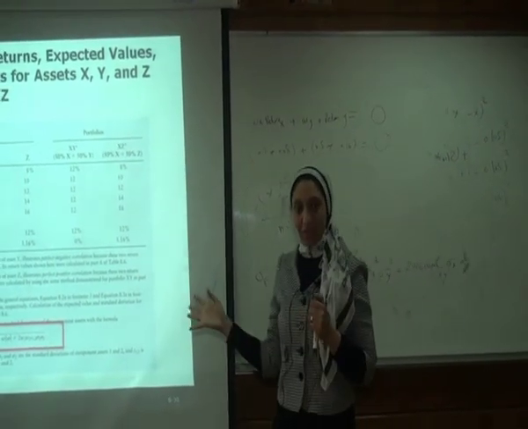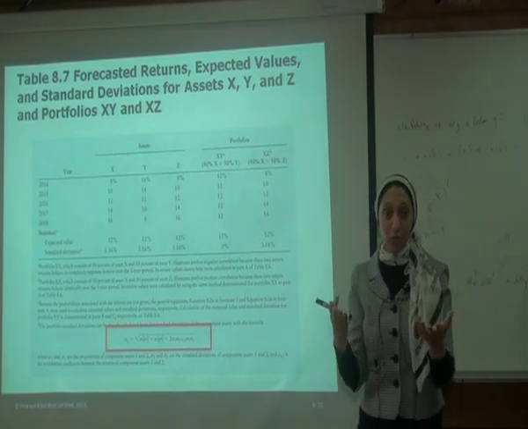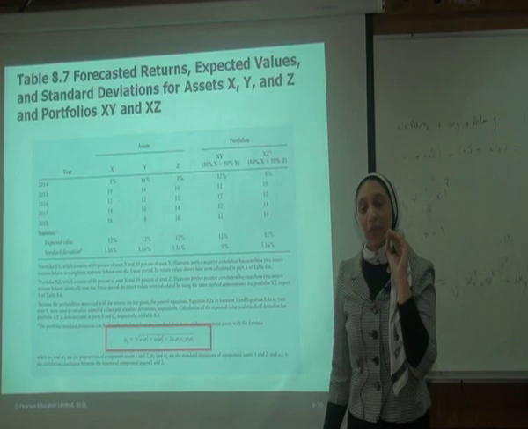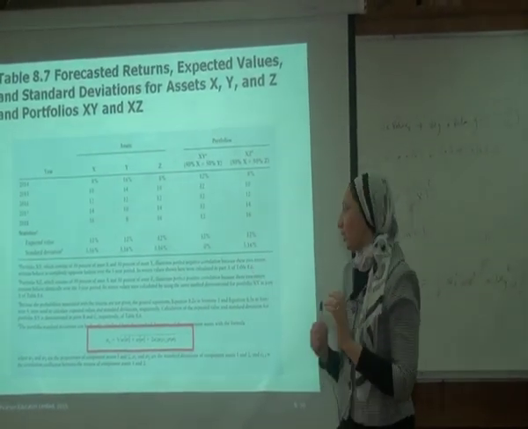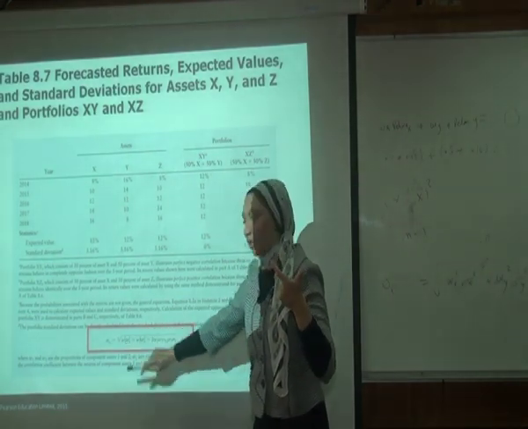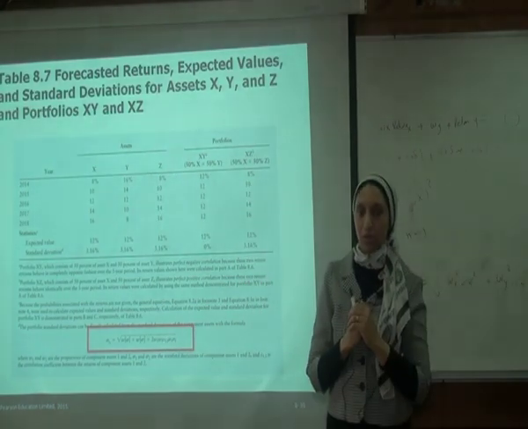Again, it seems like a long rule, but you can keep it in your mind if you just understand it. To calculate the standard deviation of a portfolio that consists of only 2 stocks, you need to know the weight of each stock, the standard deviation of each stock, and the correlation coefficient between the 2 stocks.